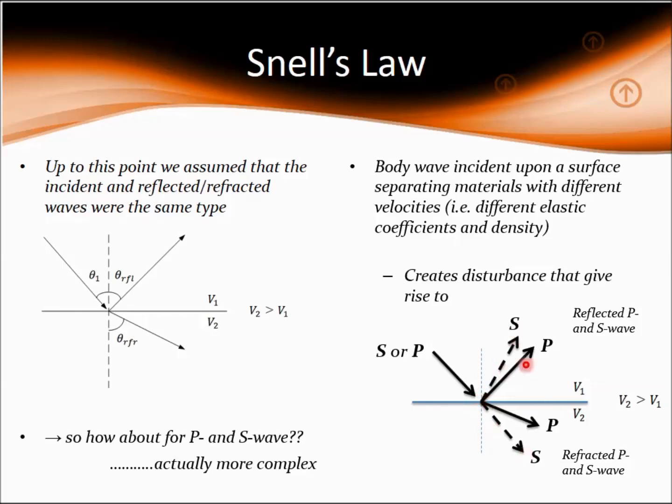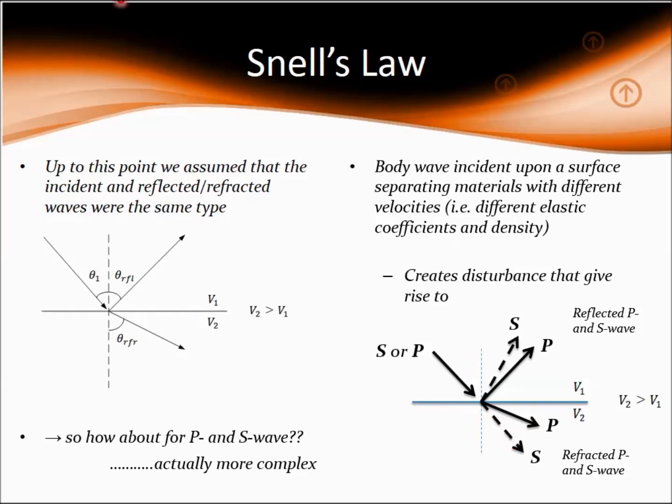These four things we call disturbance, which give rise to reflected P and S waves, as well as refracted P and S waves. Regardless of what type of wave strikes this medium, at this point it will produce refracted P and S waves and reflected P and S waves. Let's say an S wave strikes this point, it will produce a reflected S and reflected P wave, and in the refraction, a refracted P and refracted S wave.